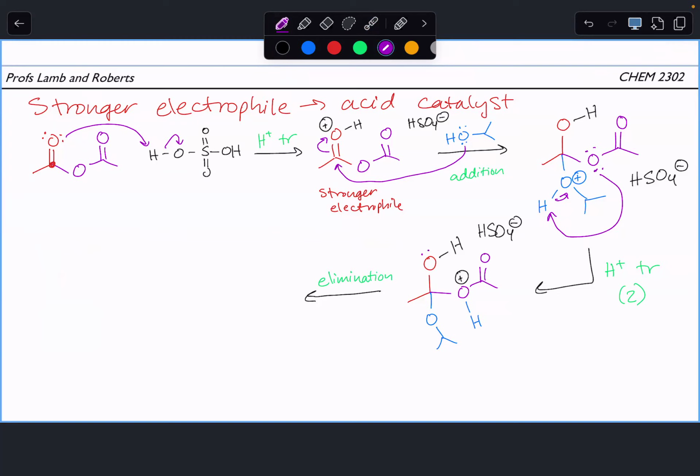So again, our red oxygen over here is going to push down a lone pair to collapse the tetrahedral intermediate, regenerate the carbonyl, leaving group leaves. So we have our HX there, and we have our ester, but it still has this extra proton on it.